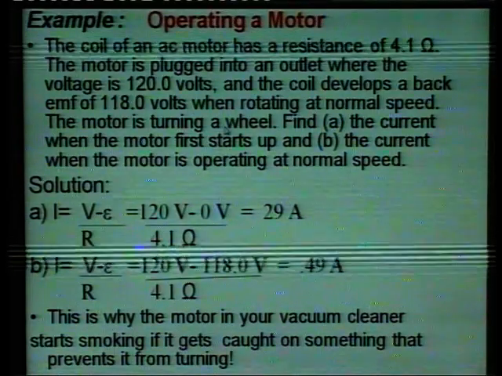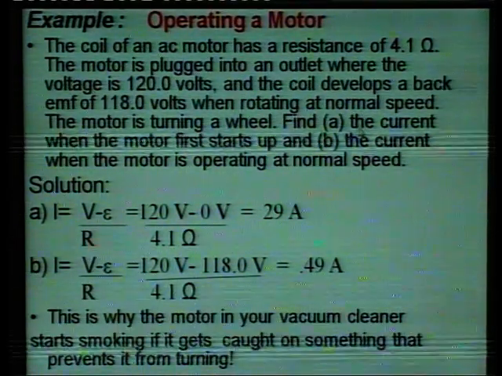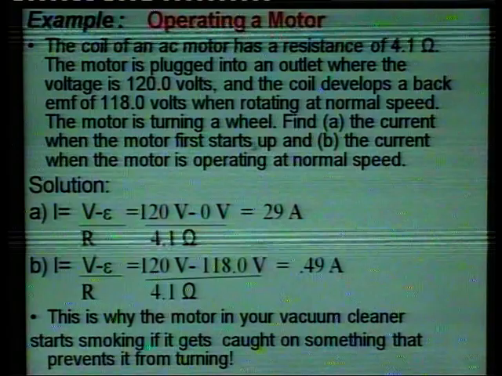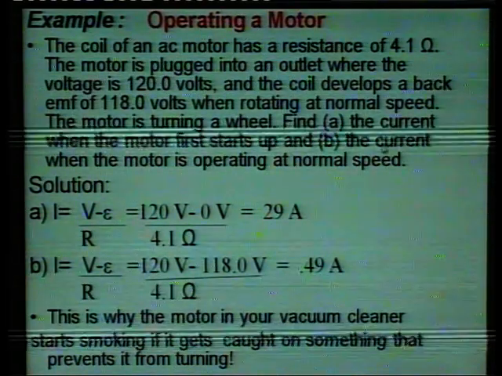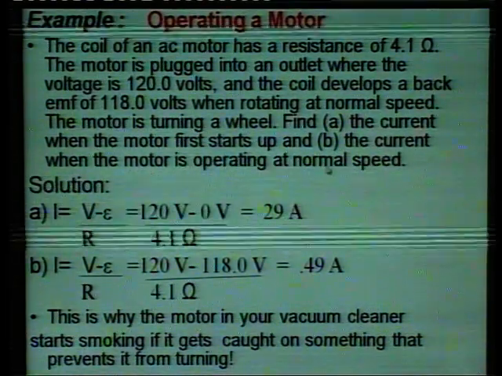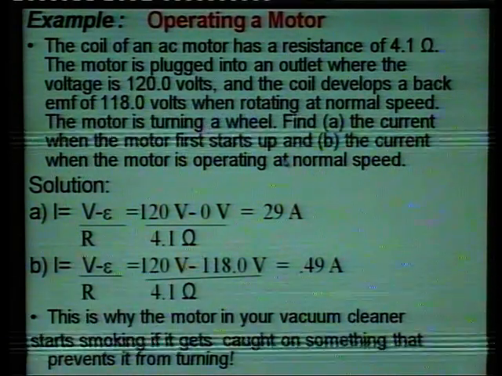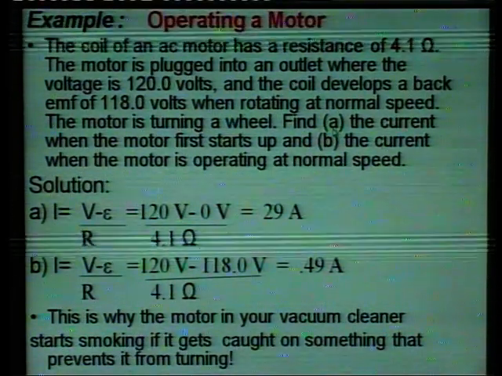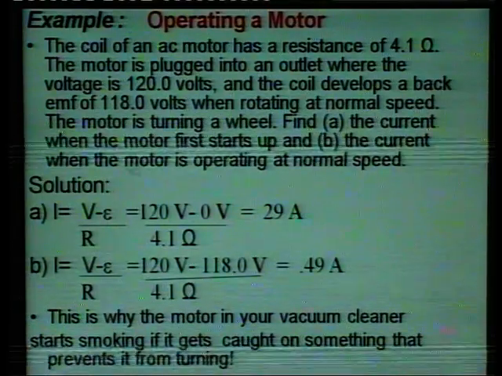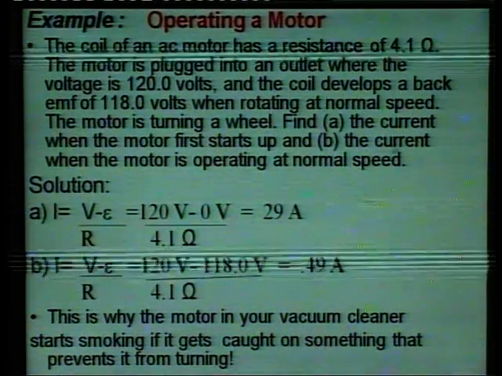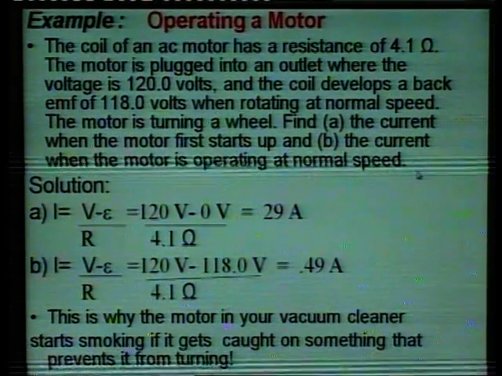The motor is turning a wheel. Find A, the current when the motor first starts up, and B, the current when the motor is operating at normal speed. So what we have to find? We have to find A, the current when the motor first starts up, and B, the current when the motor is operating at normal speed.